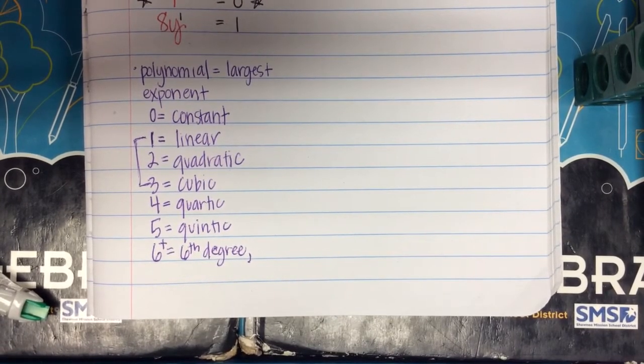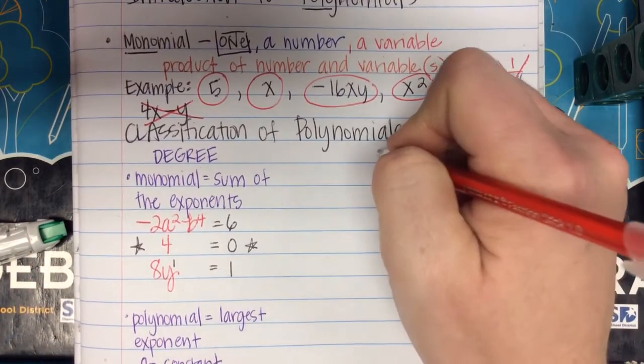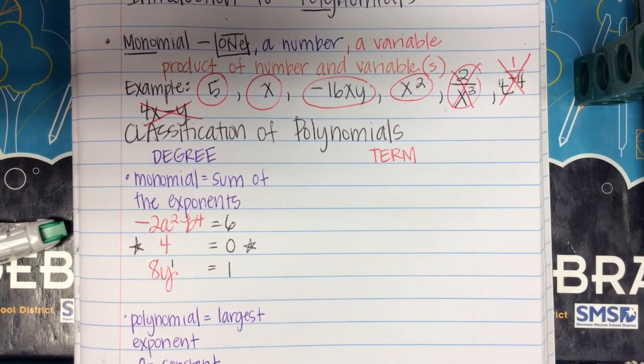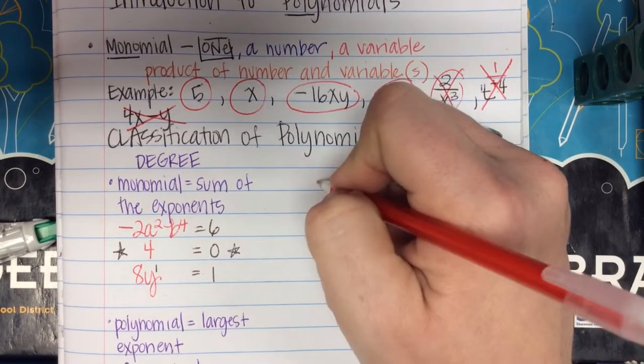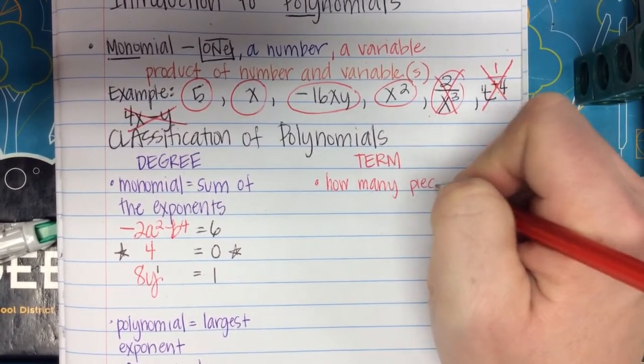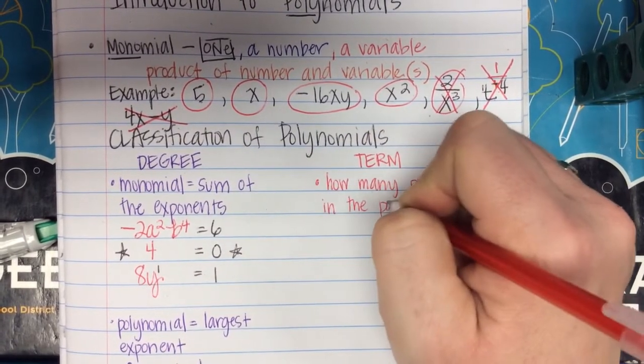The second type of classification that we focus on with polynomials is by term. A polynomial by term is just how many pieces are in the polynomial.